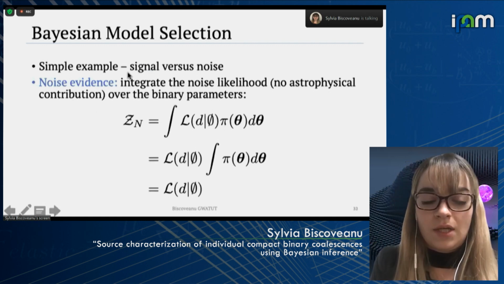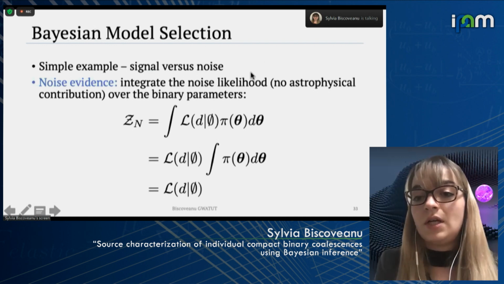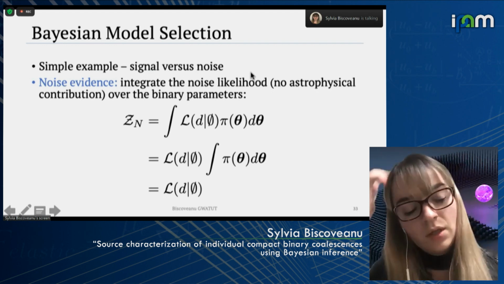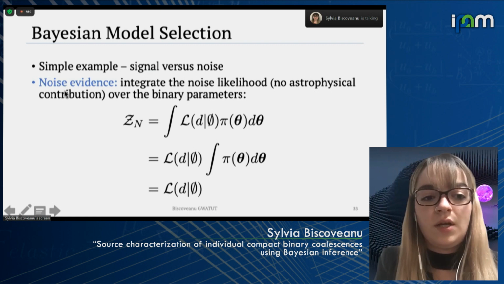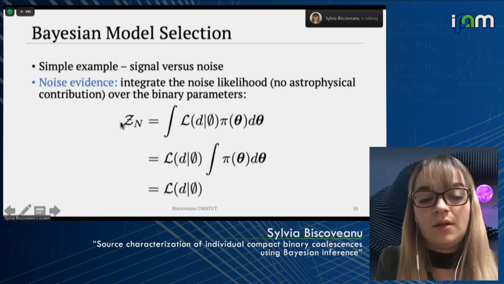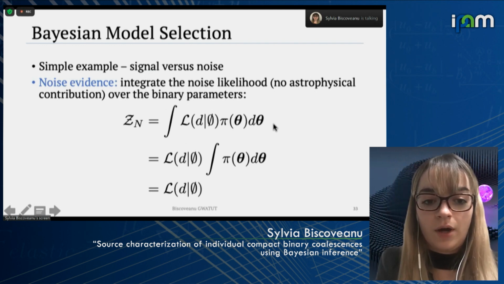So as a simple example, we can consider the case of whether there is a signal or pure noise in the data that we're analyzing. In order to calculate this, we need one other piece, which is the noise evidence. And again, our evidence is just our likelihood integrated over our prior.